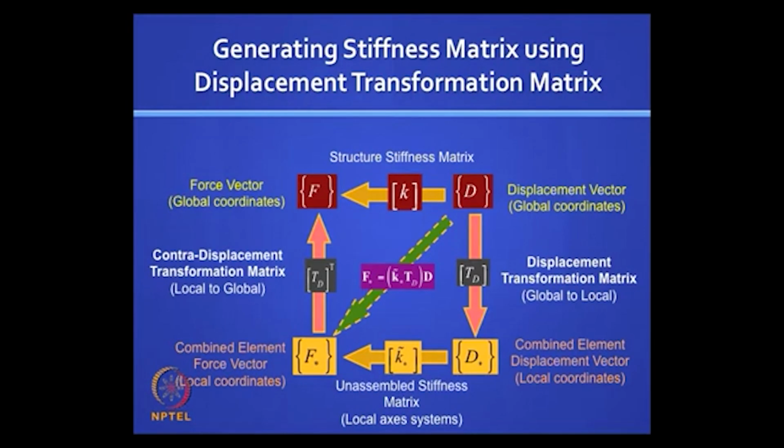Remember, I put a K tilde to remind myself that I am dealing with a reduced stiffness matrix. So agreed. So the unknown bar forces are nothing but this times that. Is it clear? Then if I want to take this shortcut directly from D to F, what do you think K will be? K will be TD transpose K tilde star TD.